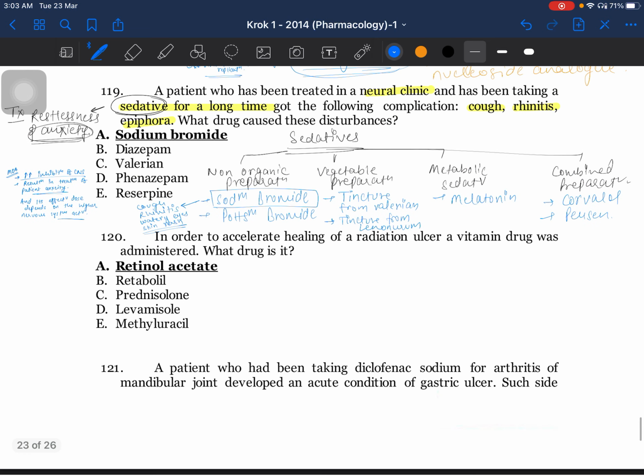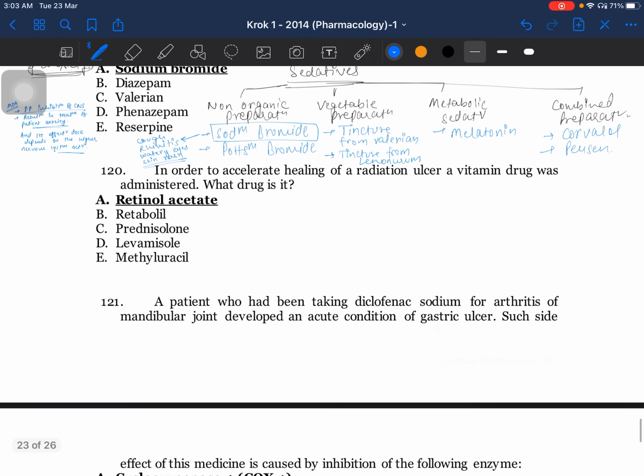The next question, question number 120, we have discussed earlier.